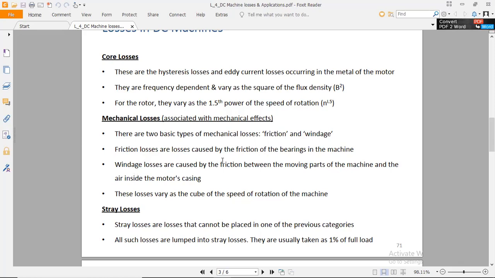Friction losses are losses caused by the friction of the bearing in the machine. I already discussed this. Windage losses are caused by friction between the moving parts of the machine and the air inside the motor's casing. So these are the windage losses. The casing is many times too hot, so we have to construct the cage of a DC motor in a heat sink nature.